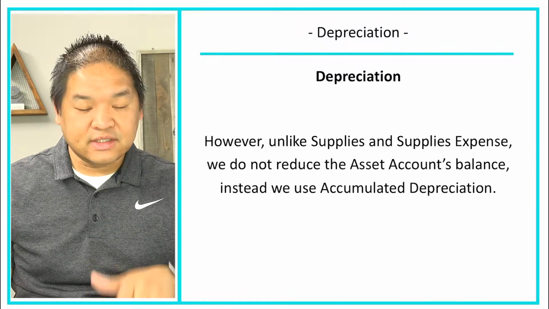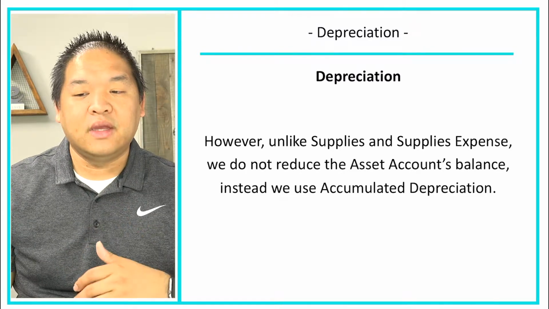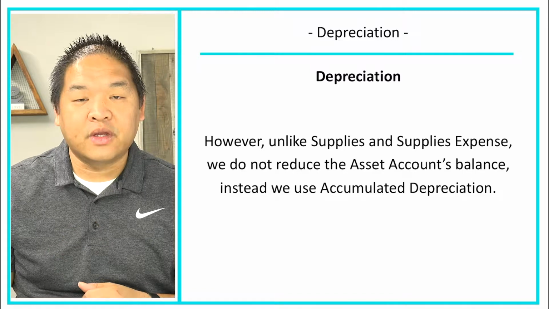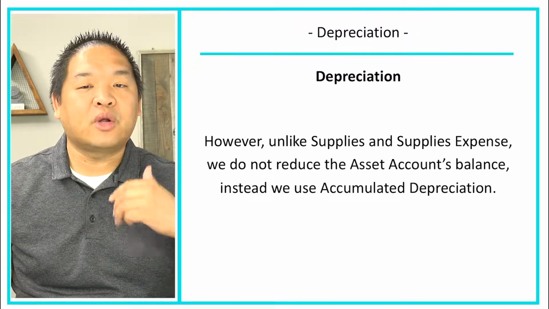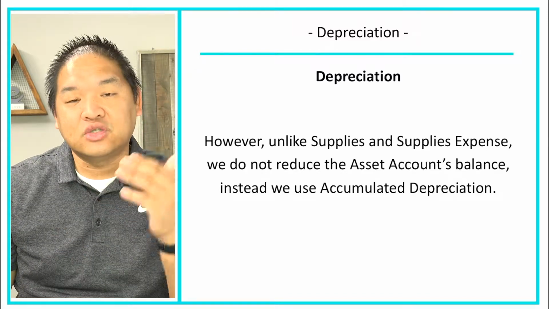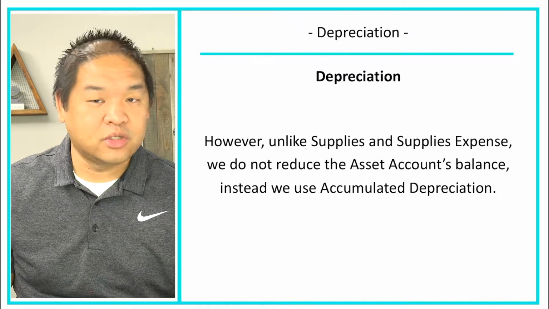In this lesson, we're telling you that when we take the cost of a vehicle and allocate it over a number of periods, we will debit depreciation expense, but we're not going to credit the asset directly. Instead, we're going to credit something called accumulated depreciation.